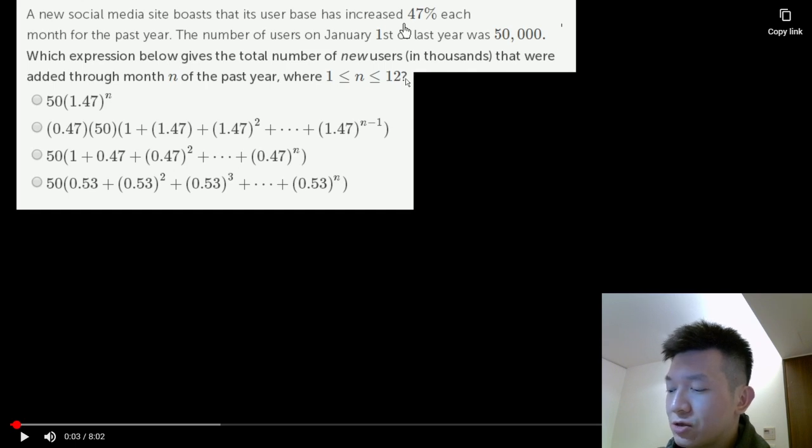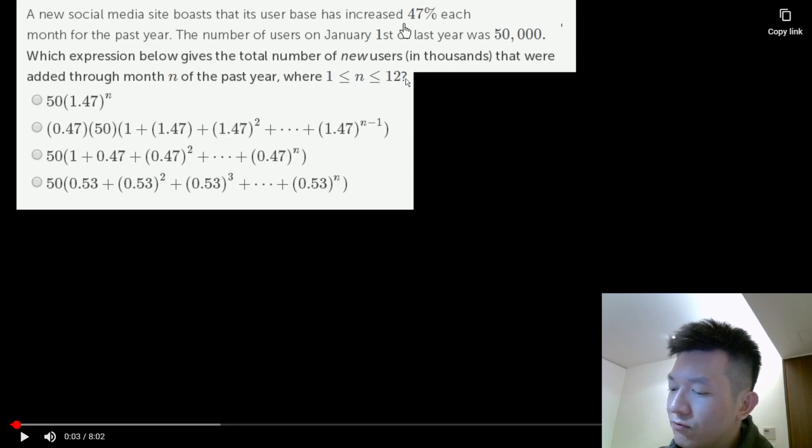So if we get to the number 12, that will be what? That has to be in -1, right? That has to be in -1. So we have a 1.47 to the power of 1, right, for the second term. And for the 12th term, we have 50 times 1.47 to the power of 12, right?